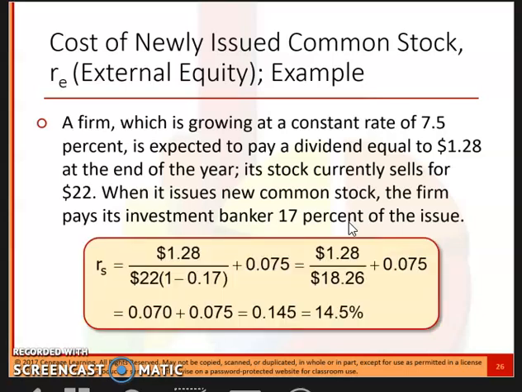So the only difference in the previous calculation is that this actually should be R sub E, the cost of external equity. We take our expected dividend and divide it by the price of the stock multiplied by 1 minus the flotation cost of 17%, and add our 7.5% growth rate. So it comes out to 14.5%.